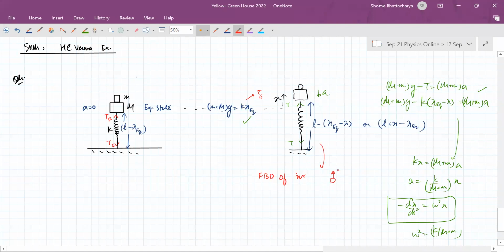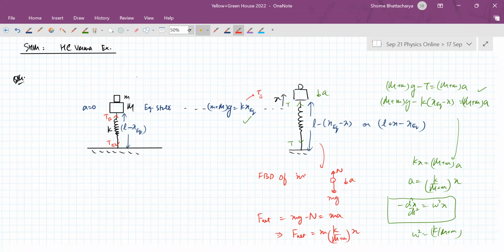So on that there is normal reaction acting and there is mg acting, and it has a downward acceleration. So the net force on it is mg minus normal reaction, that is equal to m times this acceleration. So that is the net force which is acting on the block at this moment. So that is the answer to the first part.